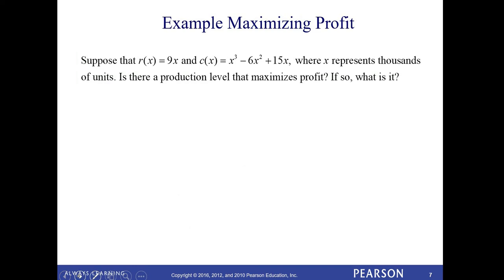So let's do one. Suppose that our revenue is 9x and our cost of production is x cubed minus 6x squared plus 15x, where x represents thousands of units. We're looking for a production level that maximizes profit.